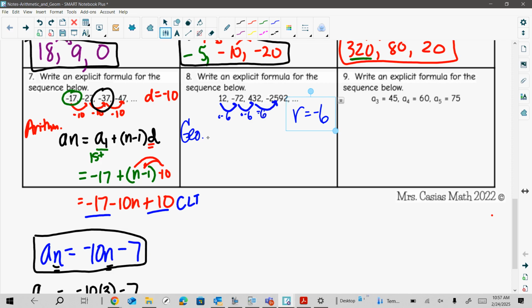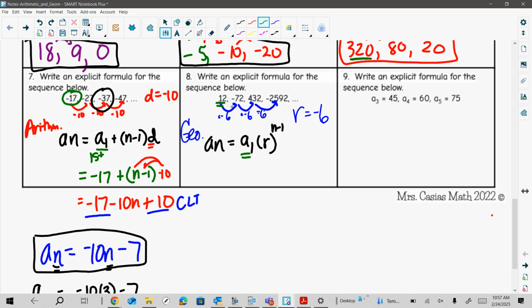Okay. The explicit formula for geometric says a sub n equals a sub 1 times the ratio to the power n minus 1. A sub 1 is still the first term.